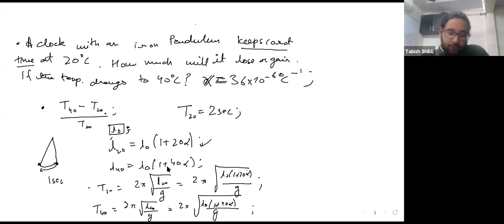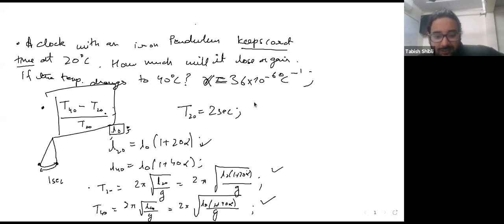नाउ हमको ये T20 पता चल गया, T40 पता चल गया. We need to calculate something like this. Well, I think the easier thing to do is just to divide these two, right? So T40 divided by T20, because इसको बस -1 करोगे और ये आ जाएगा हमारे पास, right? So अगर हम ये calculate कर लें just subtracting 1, we'll get this.